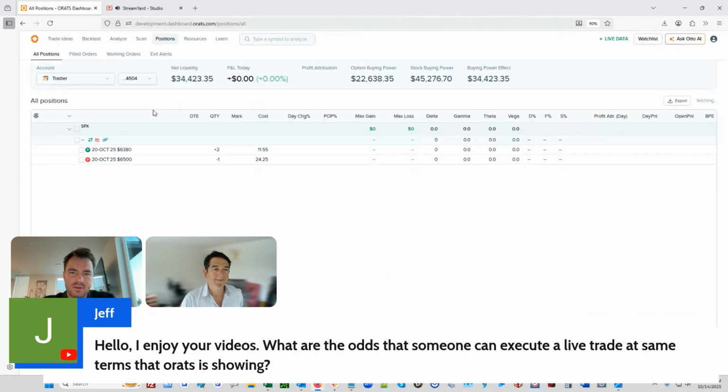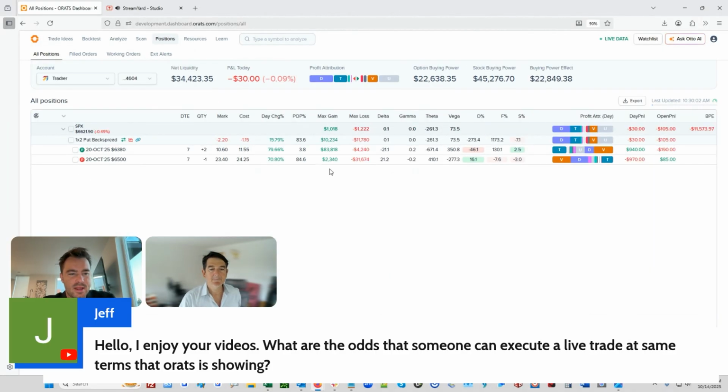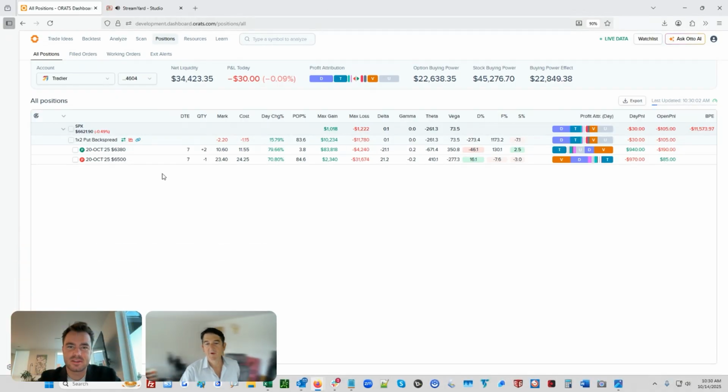As long as you have your live data agreement signed, then you should be able to follow along and send things at pretty close to the same prices that we do. So yeah, there is some slippage, but I'm trading a lot of accounts that are using that, and you get filled at decent prices. And you can connect your Tradier brokerage account.